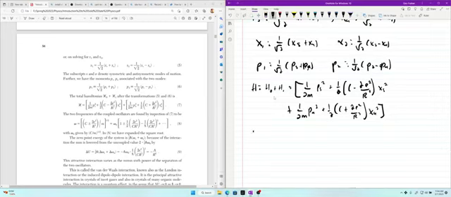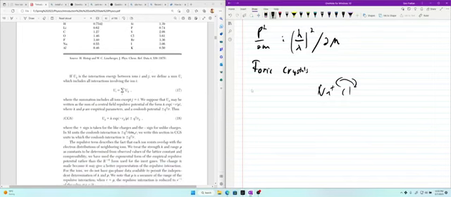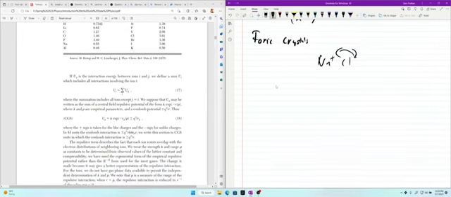So if Uij is the interaction energy between ions i and j, we can define all the interactions involving a single ion i as the sum over j of Uij, where the summation includes all ions except j not equal to i. We suppose that Uij may be written as the sum of a central field repulsive potential of the form lambda e to the negative r over rho, where lambda and rho are empirical parameters, and a Coulomb potential of q squared over r.